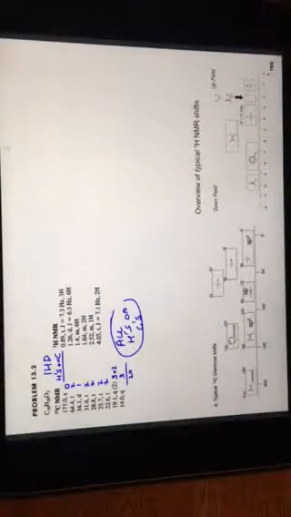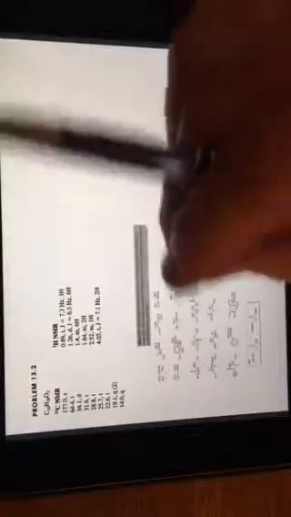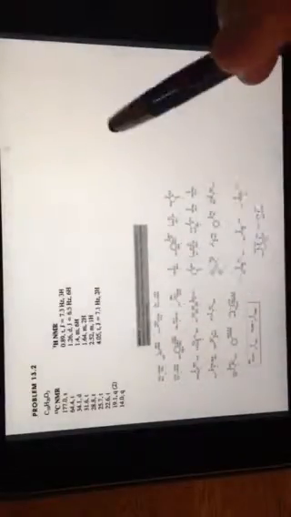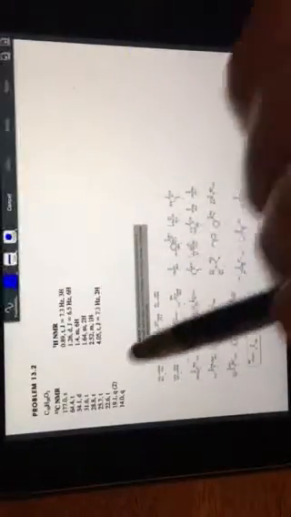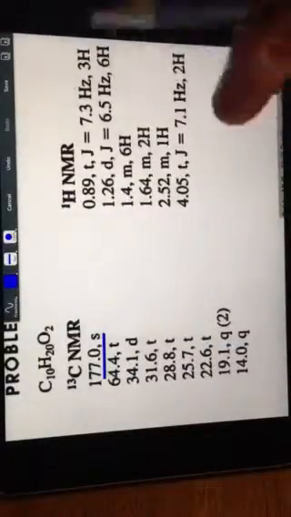Okay, we will then go through and remember that we have at 177, this is a singlet.